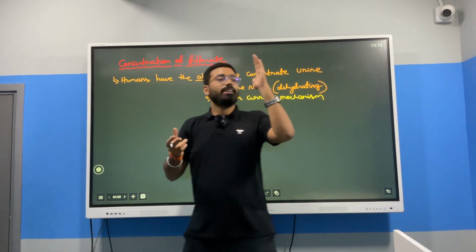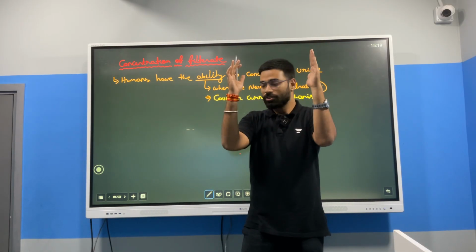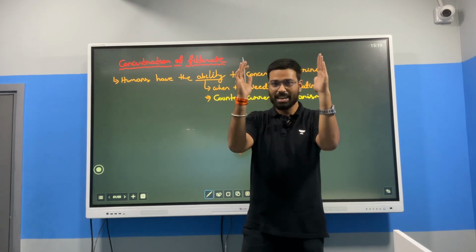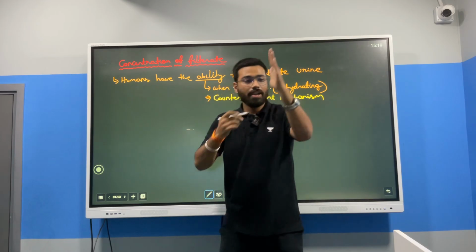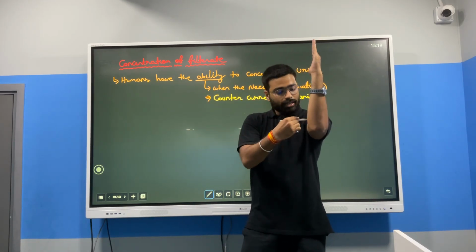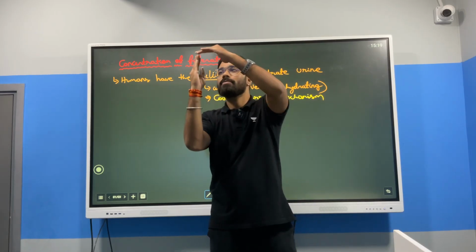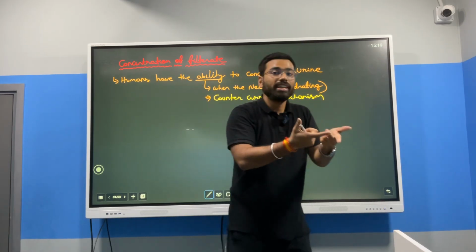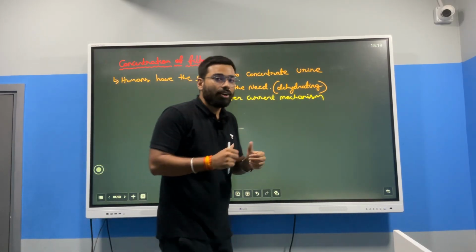If the direction of flow of water in both pipes is the same, then we call it co-current. But if the direction is opposite, suppose in this pipe it is from down to up and in the other pipe from up to down, then we call it counter current.